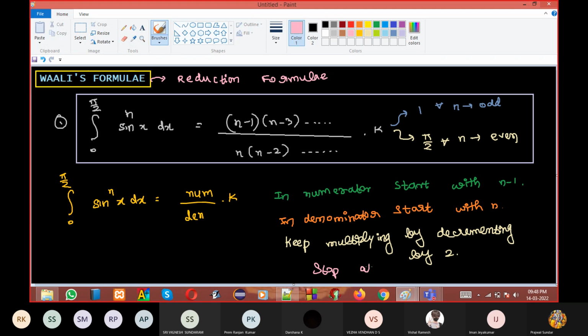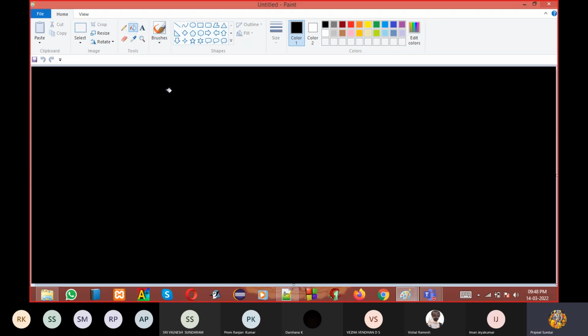Stop at 1 or 2. These points, please remember. We'll see examples, then it will be more clear for you. Don't worry, when you do example, it will be very clear.